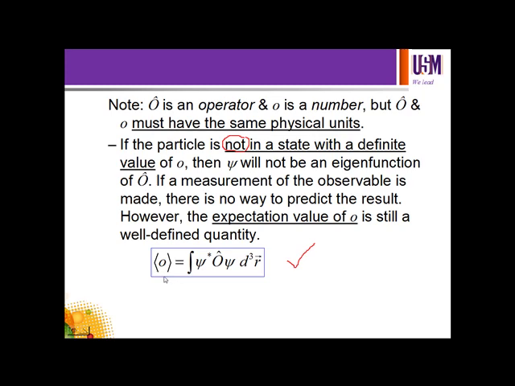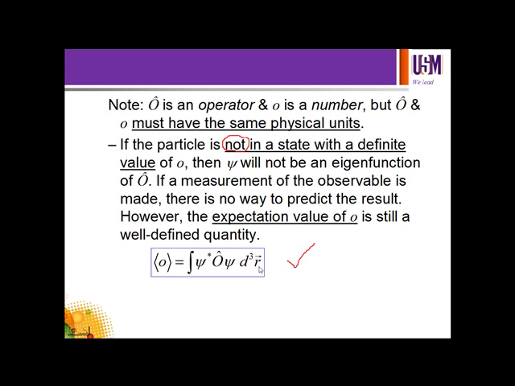The expectation value of O must be within this range or at this region, and so on and so forth. And this is defined as an integration: the complex conjugate of psi, multiplied by the operator O with the hat, multiplied by the wave function, over the volume d^3 r.